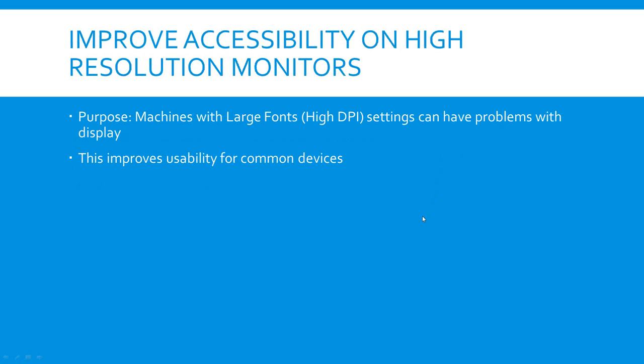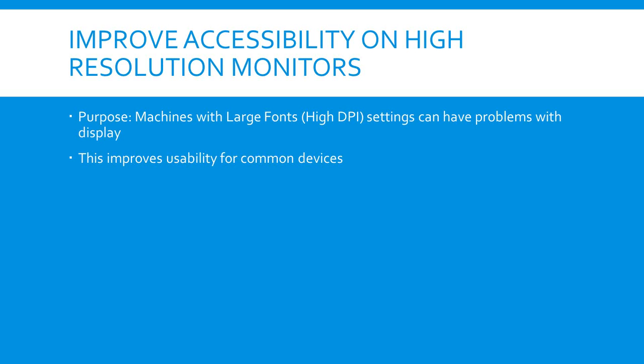So this is kind of a big one, especially as laptops and tablets, like the Surface Pro, have kind of unique dimensions, and prior to this, we had a hard time having folks be able to see Act within a monitor like that, within screen resolution. So they made a change where machines with large fonts or high DPI settings can now view the screen.